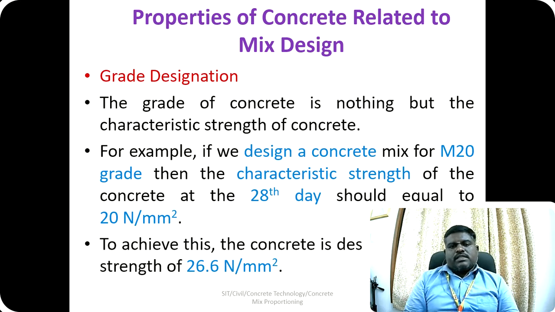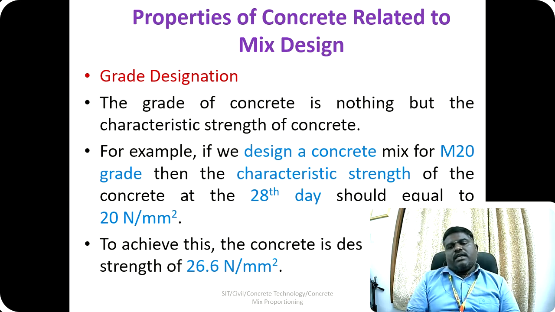So for example, if we design a concrete mix for M20 grade, then the characteristic strength of the concrete at 28 days should be what? 20 Newton per mm square, which is the FCK value of concrete for M20 grade. So to achieve this, we have to design the concrete for a target strength of 26.6 Newton per mm square.